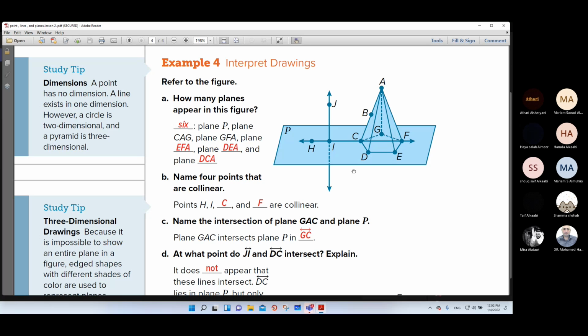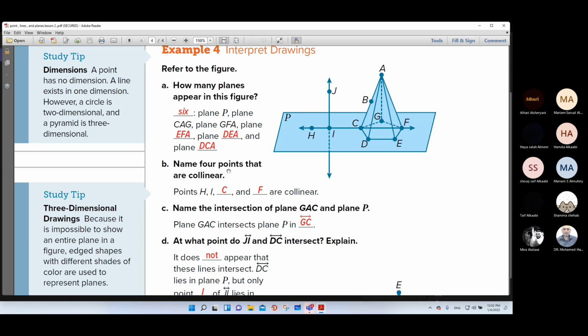So we have 5 here, and down the 6th one. So 6 planes.